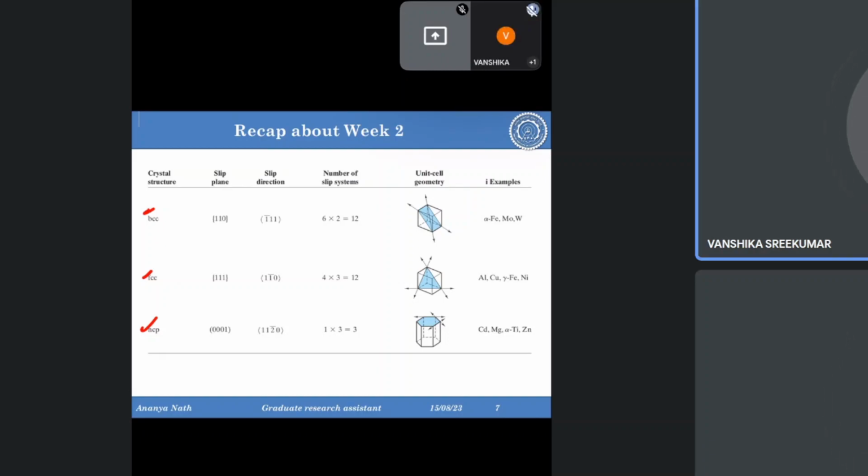Ma'am, I didn't get it, you said that slip system is a combination of slip plane and slip direction? Yeah. So a greater number of slip systems means ductility is more. HCP has fewer slip planes or slip systems, which means the ductility in HCP is lesser than FCC. Understood.